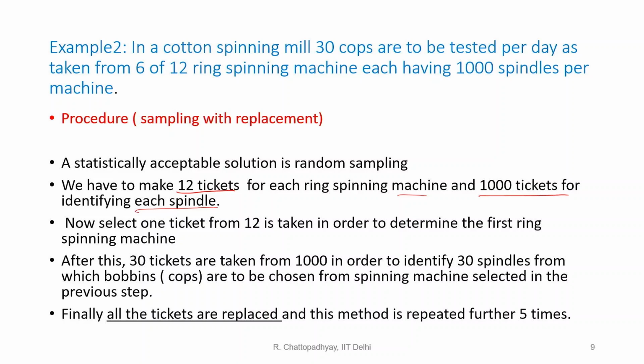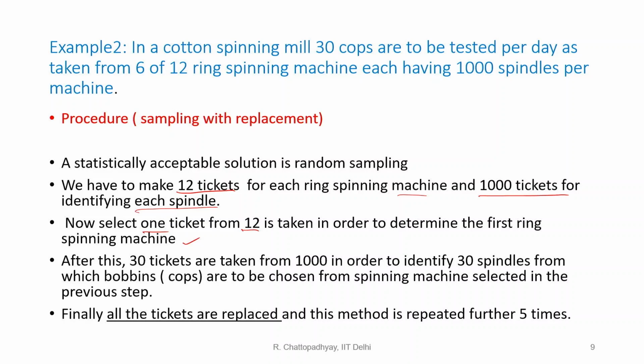First of all, we should choose one ticket from 12 in order to determine the first ring spinning machine. Out of 12, we will first choose which particular ring frame number we are going to choose.